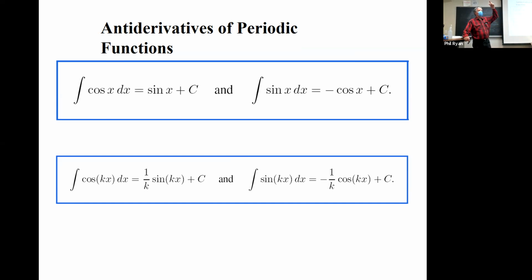So you just got to remember when you're taking antiderivatives, you do things backwards. Right? You divide, you don't multiply, you add powers, you don't subtract powers. Cosine and sines get swapped around, and one becomes negative. So everything just gets reversed.